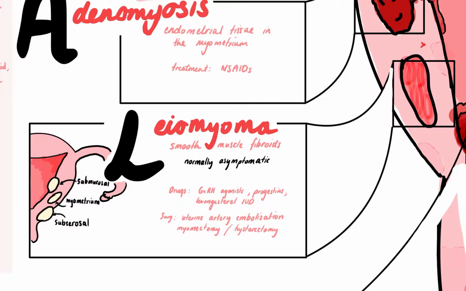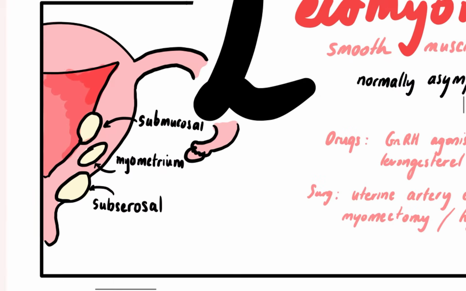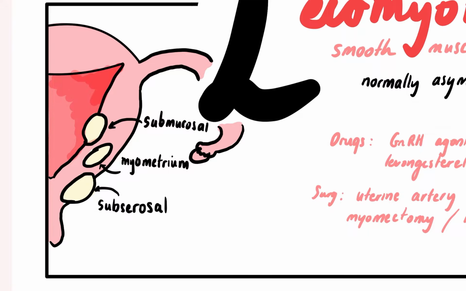Like polyps, leiomyomas are normally asymptomatic. They can be found in 3 different parts of the uterus. They can be submucosal, so directly underneath the endometrium. They can be within the myometrium, or they can be subserosal, under the serosa, the outermost layer of the uterus.